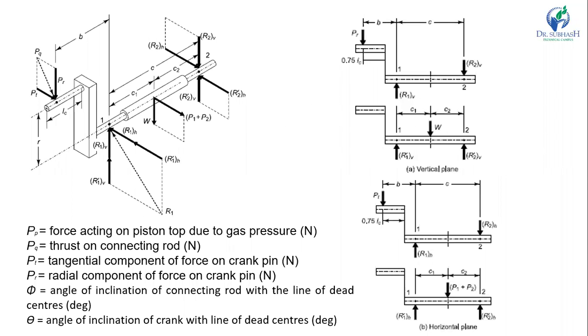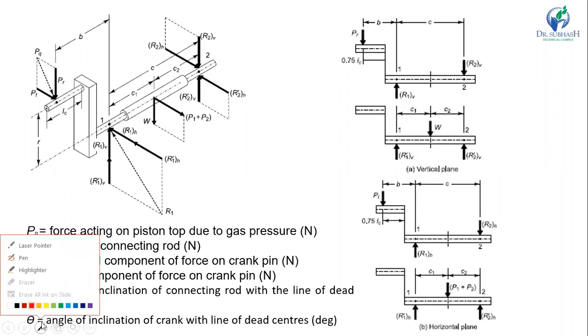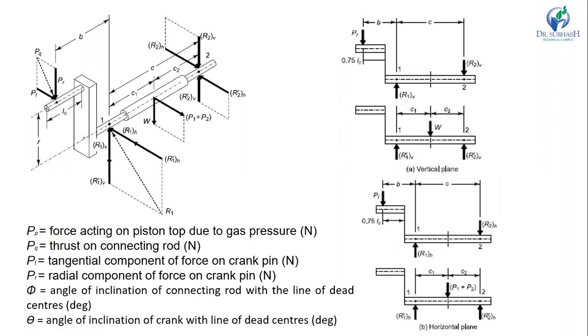Now let us see here. You can see the side crankshaft, which is supported at bearing 1 and bearing 2, and you can see the center load W acting in the downward direction, and the load due to the belt tension, T1 and T2, the load P1 plus P2, is acting on the horizontal plane.